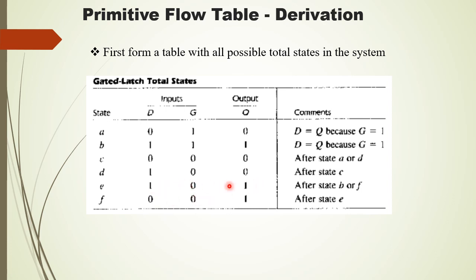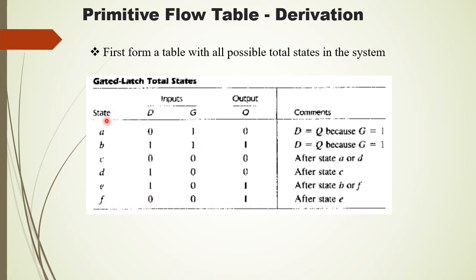So whatever the D input is, that will be maintained at the output. So this 0 0 with output 1, while for state C it is the same 0 0 but the output is 0, we define as a new state F.